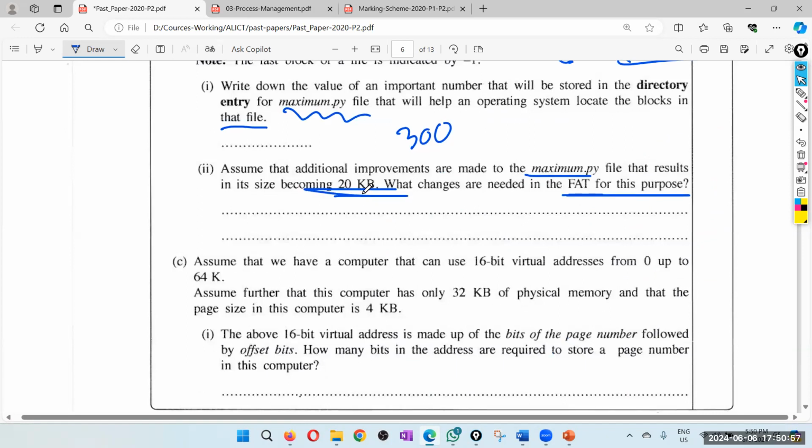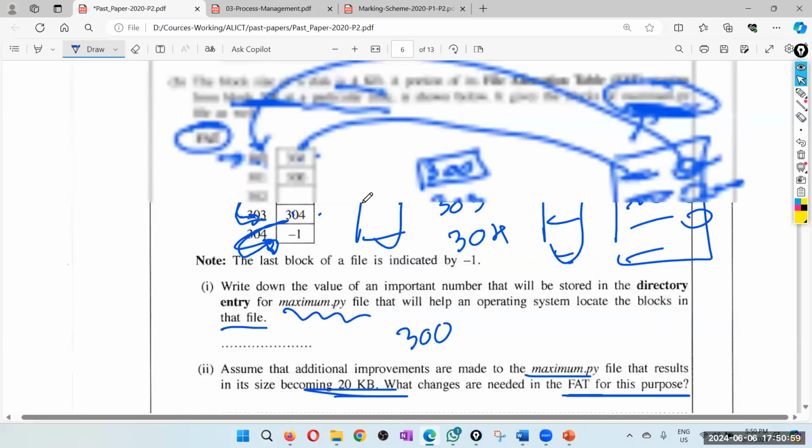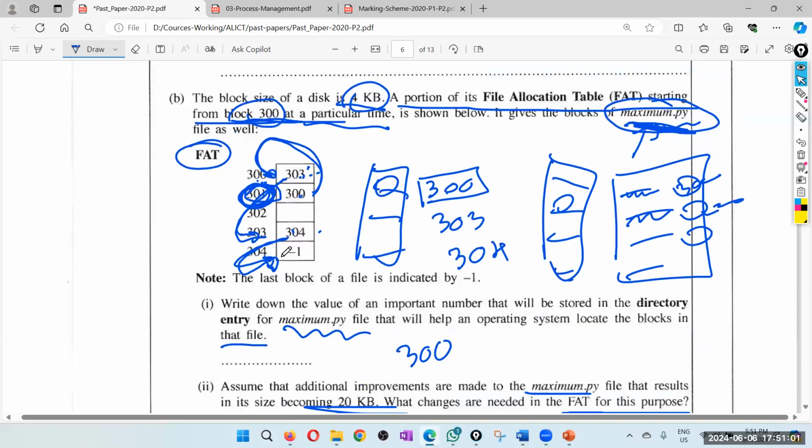Now it has become 20 kilobytes. So definitely this can't be -1. This must point to another block. In this case, of course, the other block must be 302 because that is the available block. So now this must point to 302, and 302 may have -1 because with 20, 5 blocks are enough.